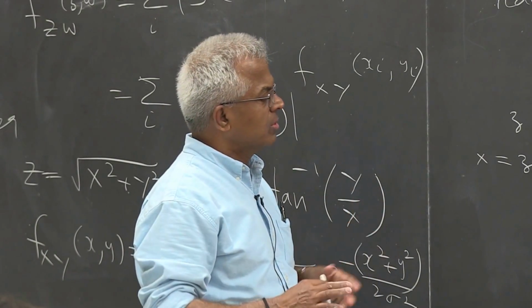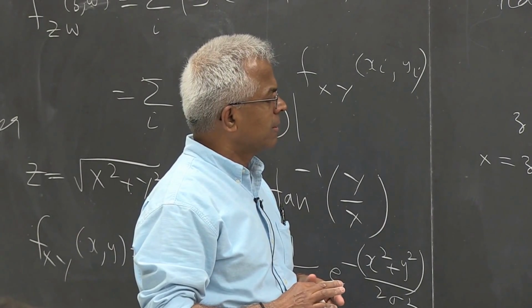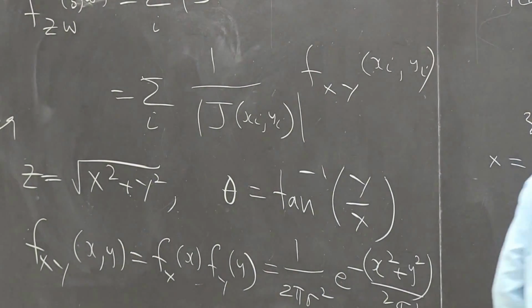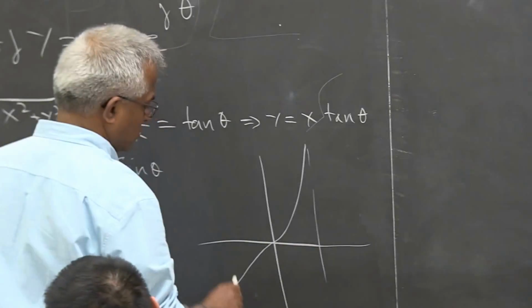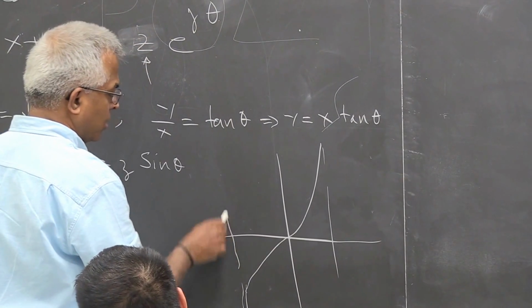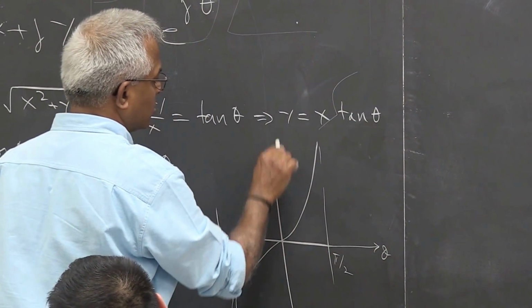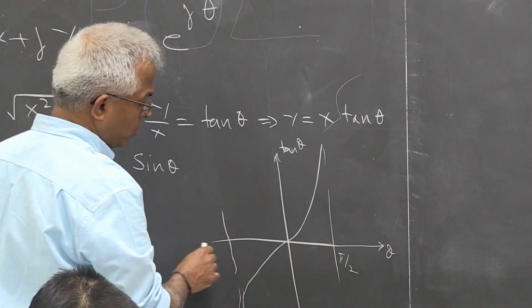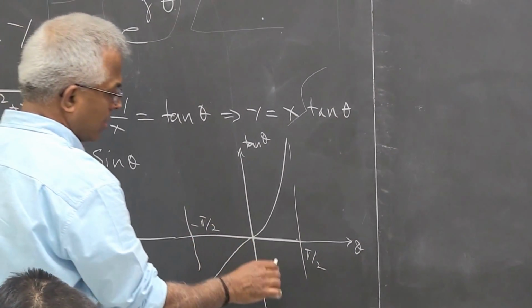So we will see what range it works out here, because tan theta goes like this, right? The principal value goes from minus pi by 2 to pi by 2, but you can also take multiples of that.